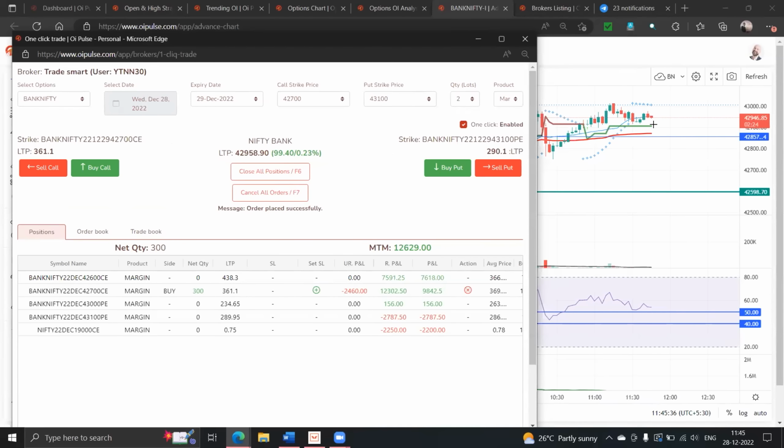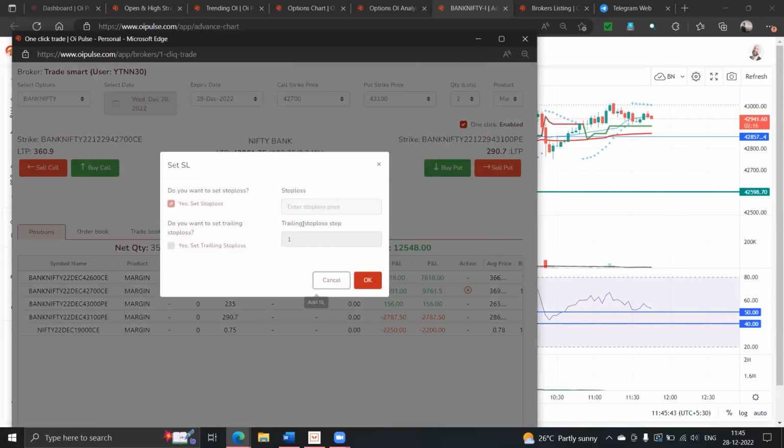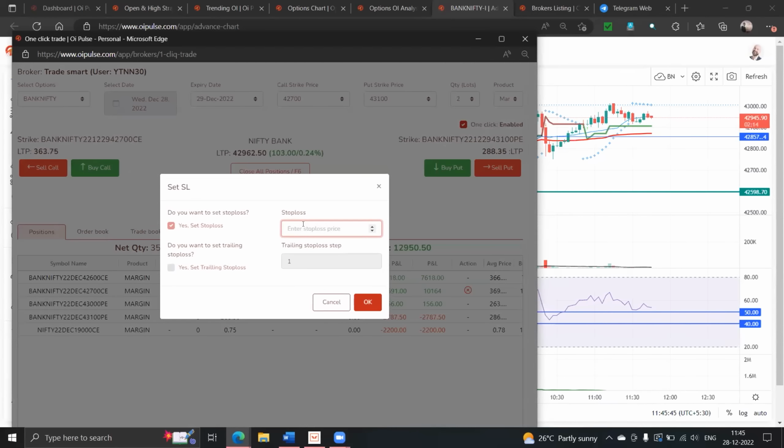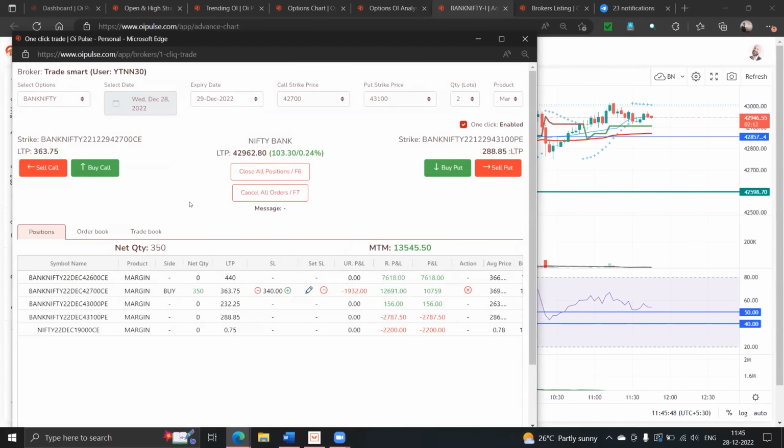If you feel it is coming near the support level and you want to add some positions, you can do that. Here, I'm initially keeping my stop loss somewhere around 340. This is going to be my stop loss, but I want to keep adding some positions. You can keep adding and keep it ready. Once everything is done, you can click on this close button, or use close positions. It will automatically close all your positions.